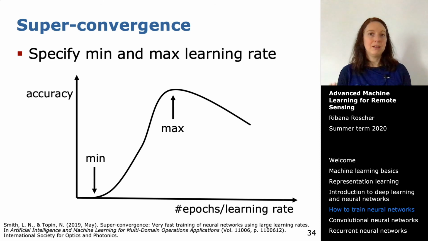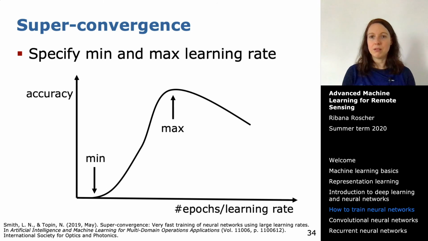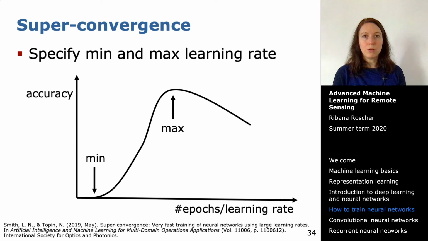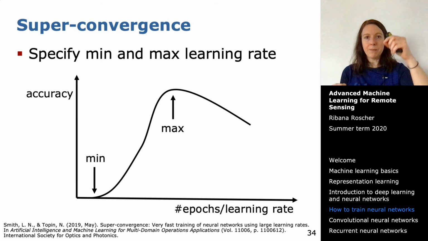You start with a small one, and then you increase the learning rate. So what you do first here is you make some dry run, and you start from a very slow learning rate, and then over the epochs you increase the learning rate.